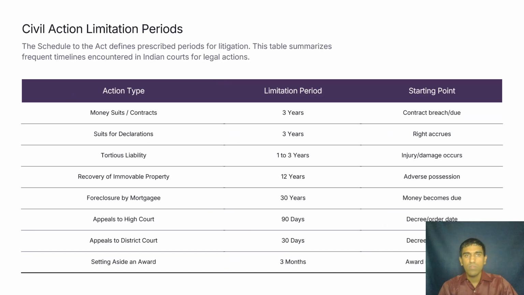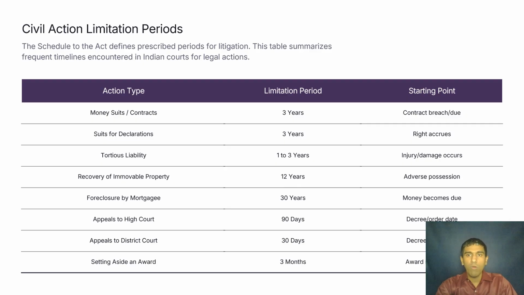Now, limitation periods are different for different sorts of cases. There is a schedule to the Limitation Act which prescribes different limitation periods for different matters.